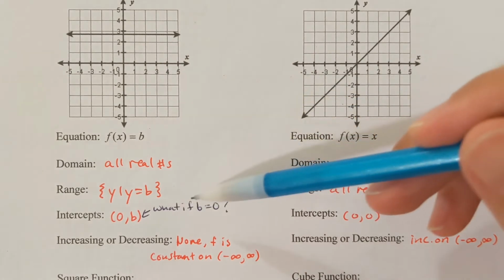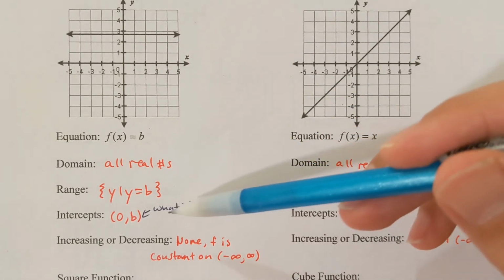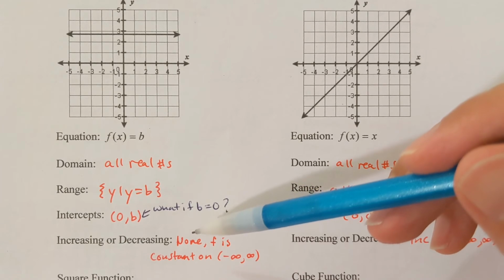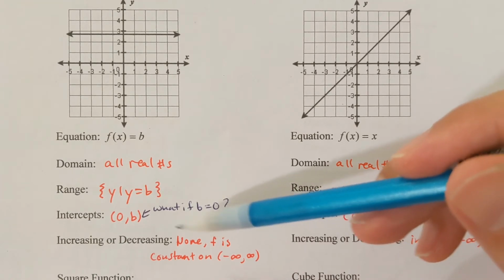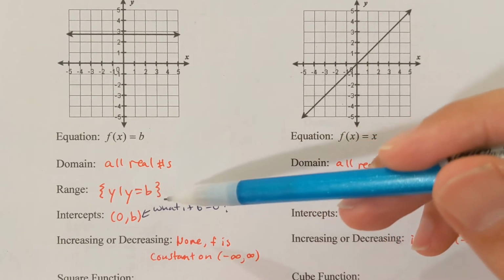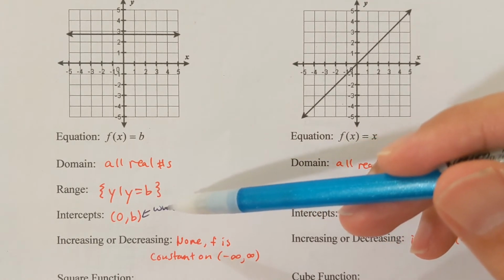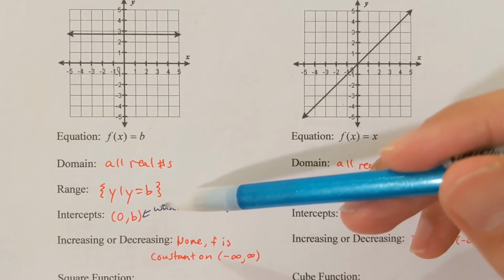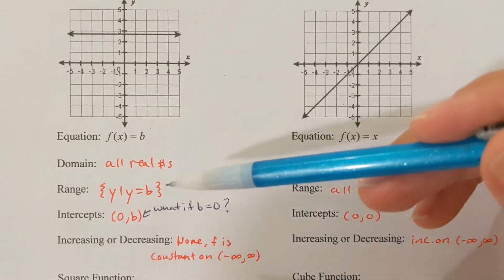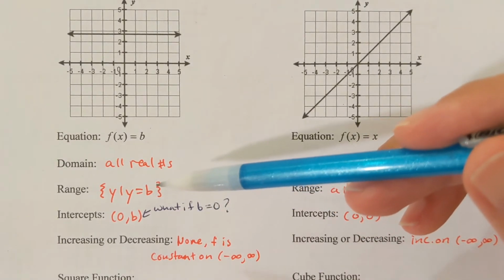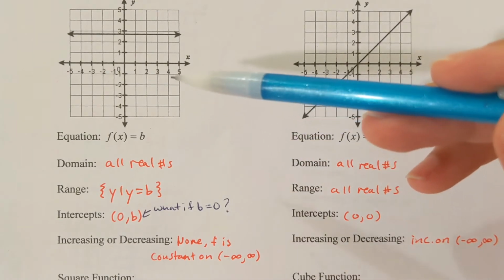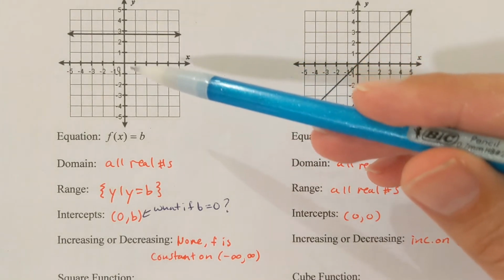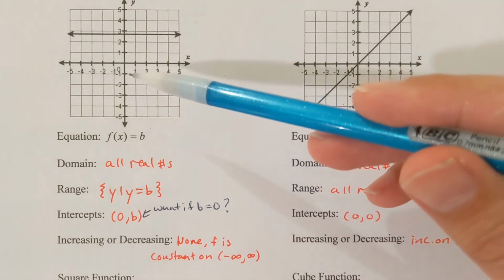Okay, so what if b is 0? If b is 0, then you're going to have infinitely many intercepts. Otherwise, if b is any other number not 0, you're only going to have one intercept then.